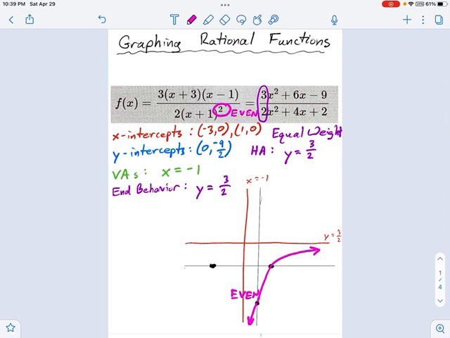And what that means is you have something that's symmetric. It's going down and down. Notice how both of these are going down. That's even asymptotic behavior, and it's from the exponent of 2 on the denominator. So here's our function. Pretty easy one to solve, I think. And that's that.